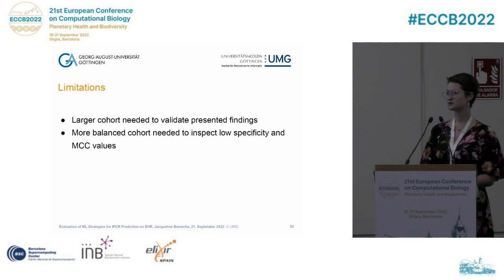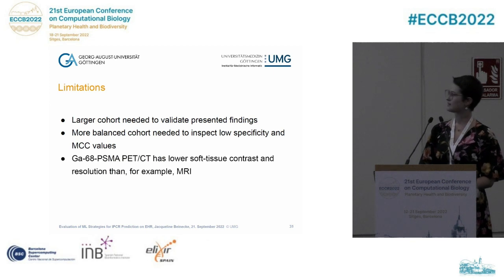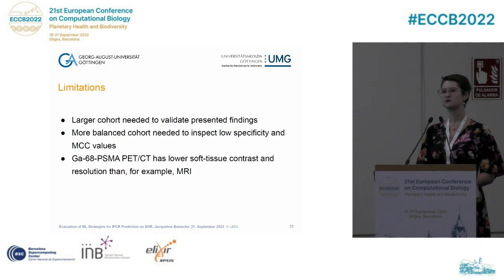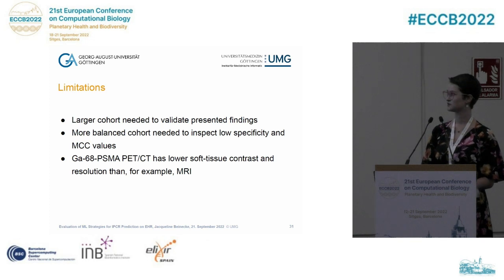We think it's because we don't have a lot of non-recurring patients, but we need a more balanced data set to see if that's really the reason or if there's a problem in the information in the data for this. And then the PET-CT itself has lower soft tissue contrast and resolution than, for example, MRI data. So there's also the possibility that one could evaluate the recurrence using different kinds of PET-CTs or MRIs.